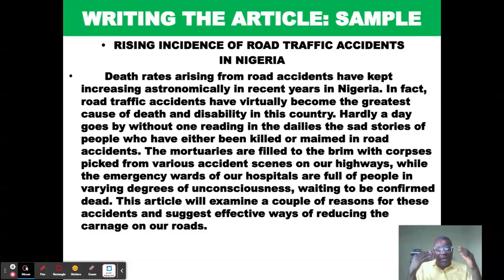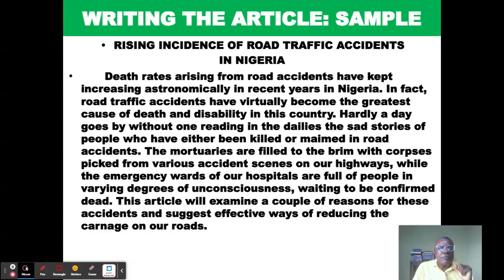You see, this statement actually shows that this is a serious problem. And then you give a few sentences to form the background information, to enlighten the reader about this problem and how serious it is and how important it is that this should be given attention.